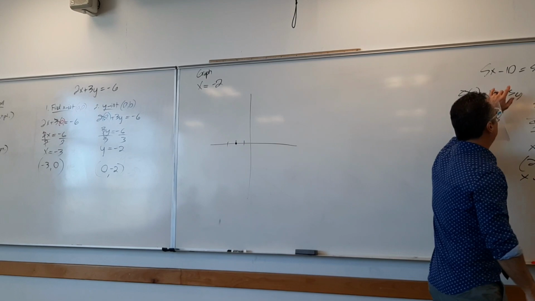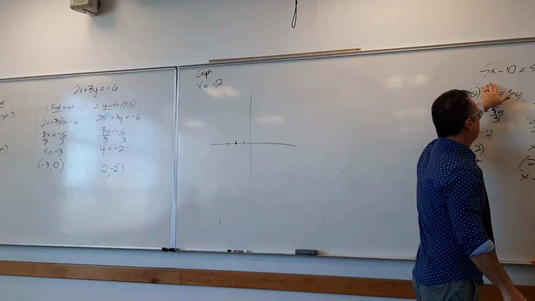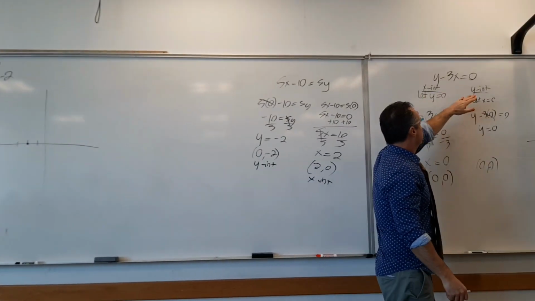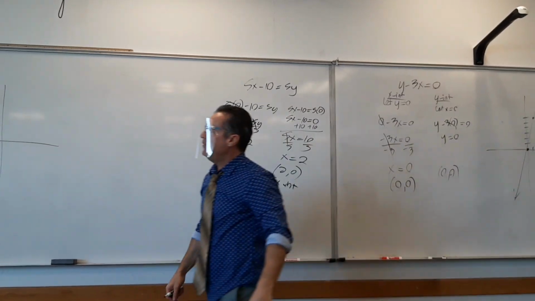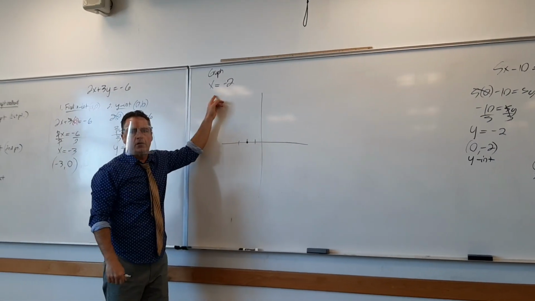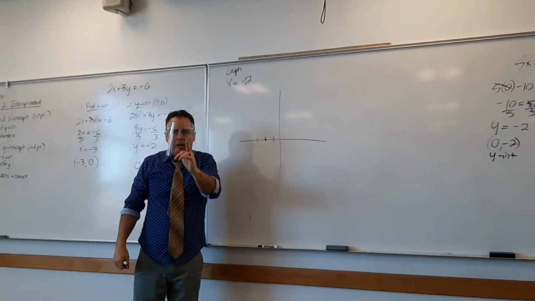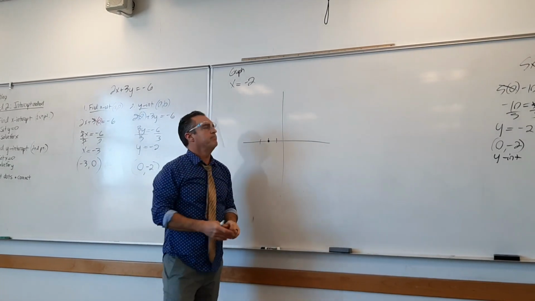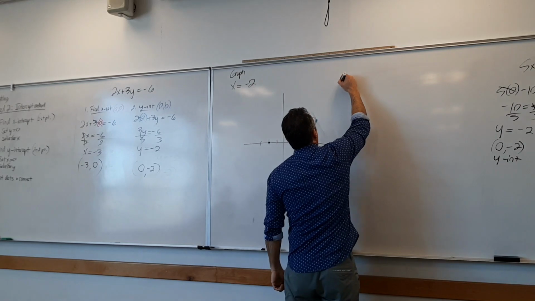How many variables are in this equation right here? 2. How many variables in this equation right here? 2. How many variables in this equation right here? 2. How many variables in this one? 1. Okay?